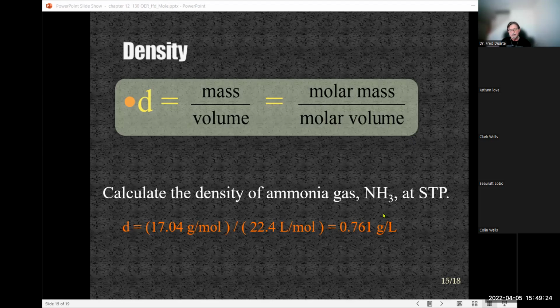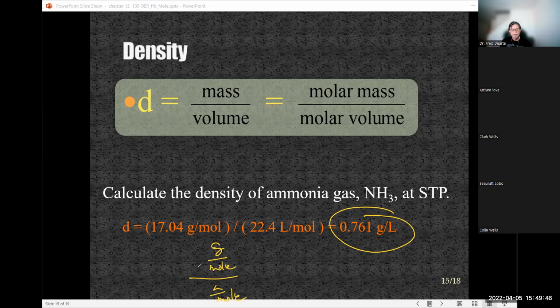And that means that at STP, ammonia has a density of 0.761 grams per liter.